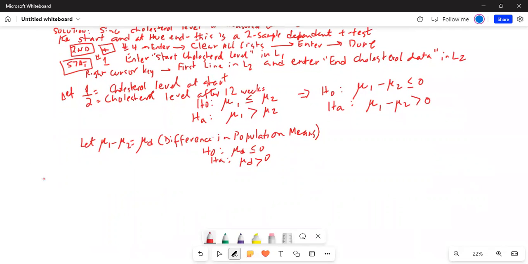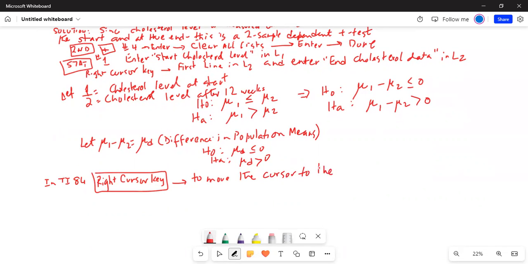Now in the calculator, in the TI-84, press the right cursor key to move the cursor to the first line in L3.